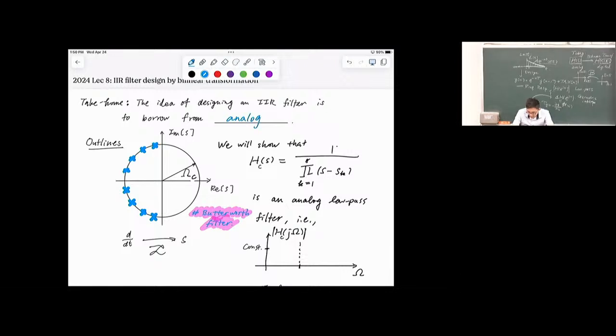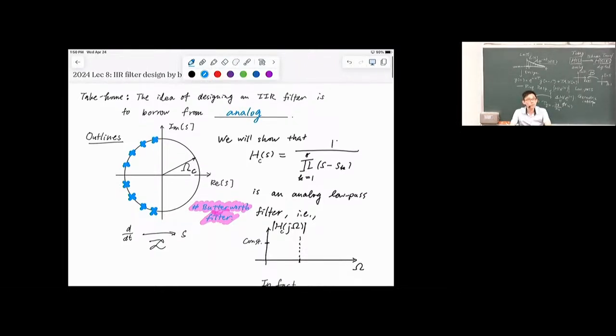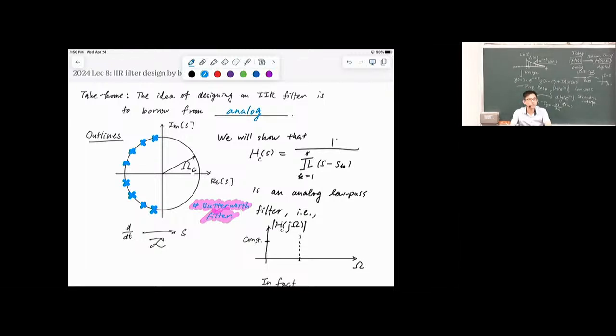That's still the idea, but the way we borrow it is quite different. We borrow it directly from the Laplace domain. Instead of working in the time domain, we borrow the system function directly from the Laplace domain.